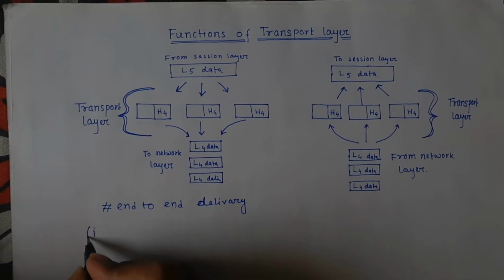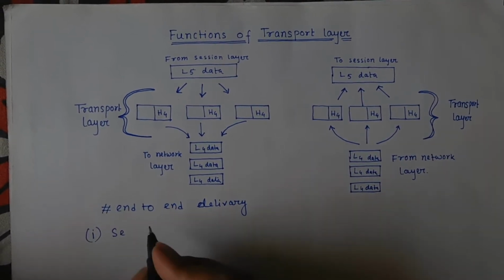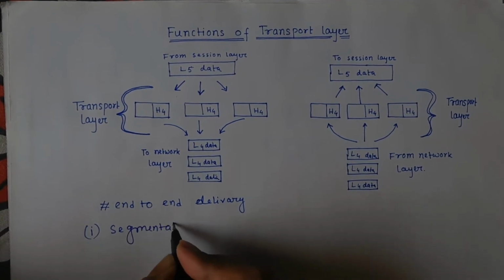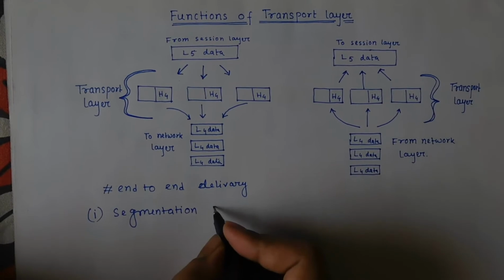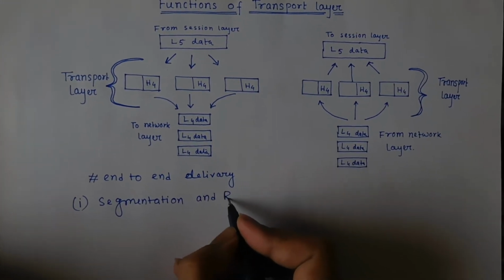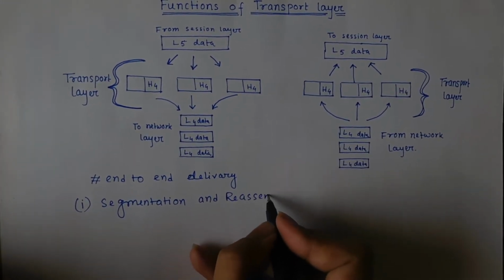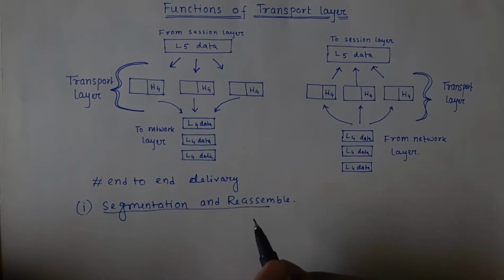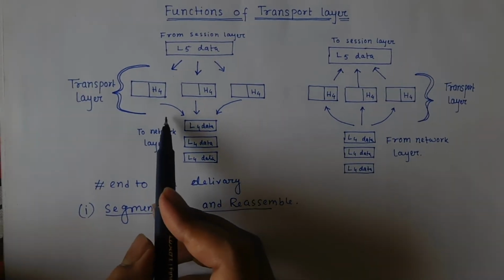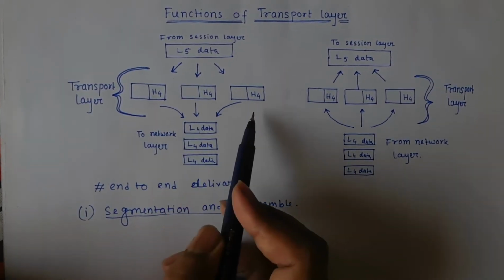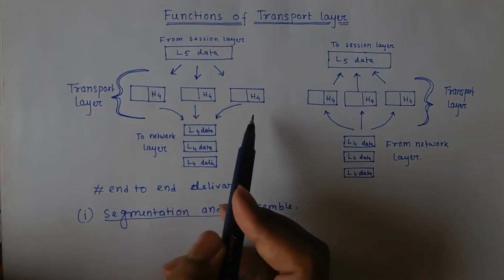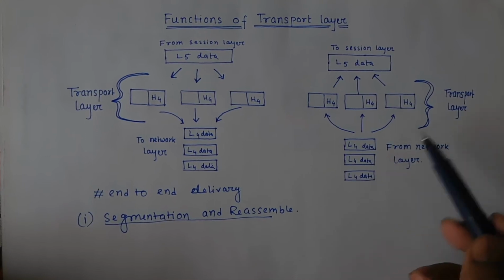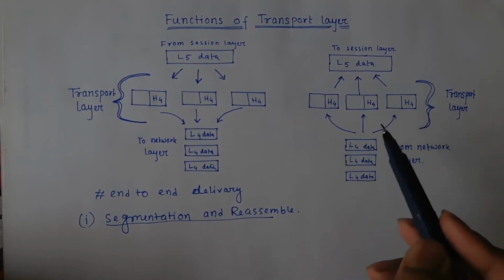Now the first function is segmentation and reassembly. In segmentation and reassembly, at the sender end the message is divided into segments, each segment containing a sequence number, and at the receiver end all the segments are reassembled correctly.